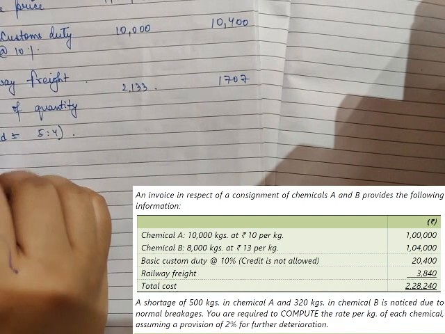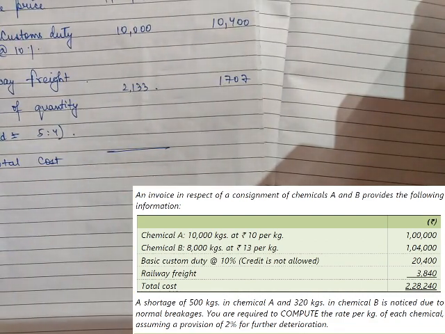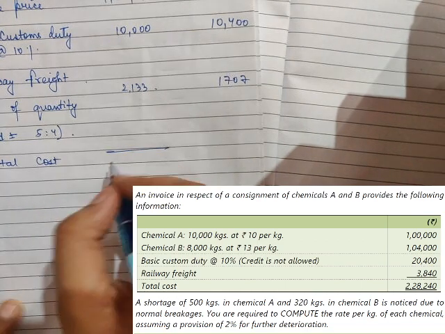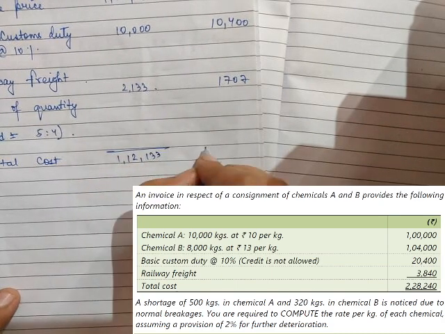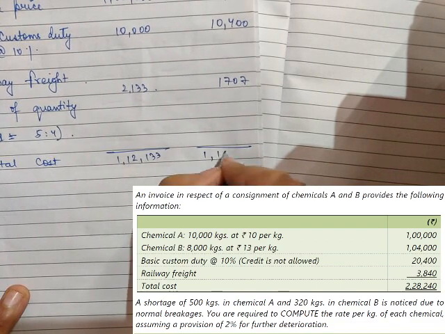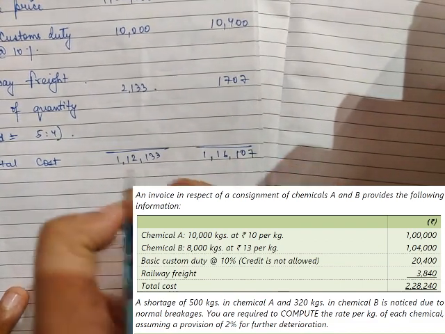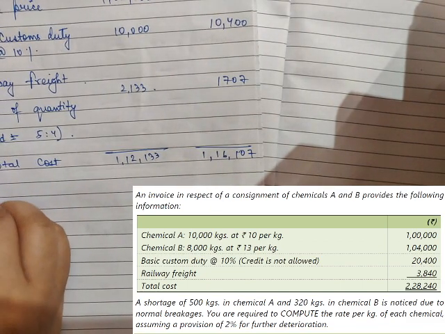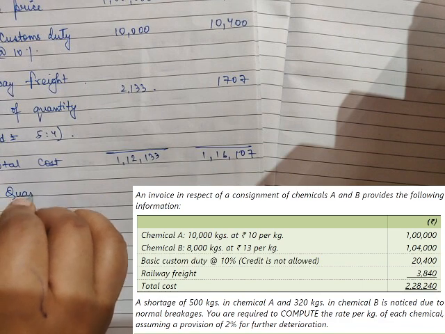So the total cost for chemical A is 1 lakh plus 10,000 plus 2,133, giving us 1,12,133, and for chemical B it is 1,16,107 rupees. Now we have calculated the effective quantity in our first working.